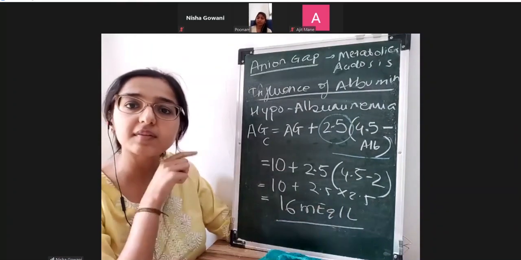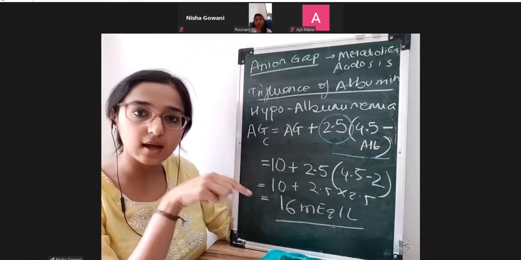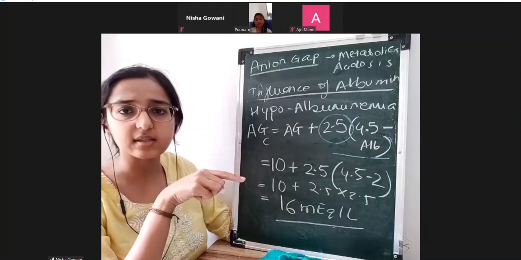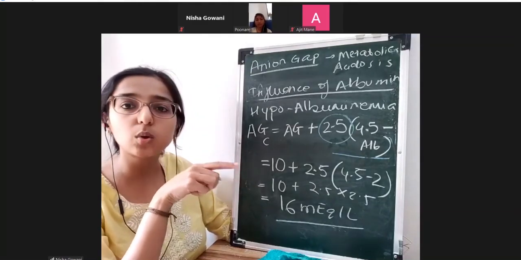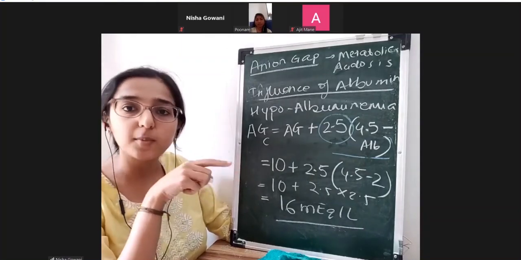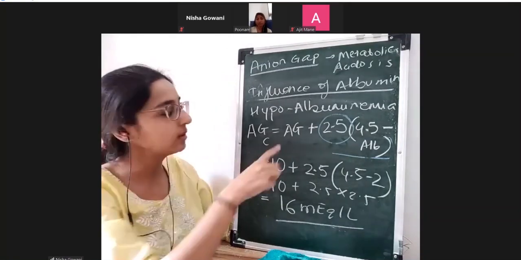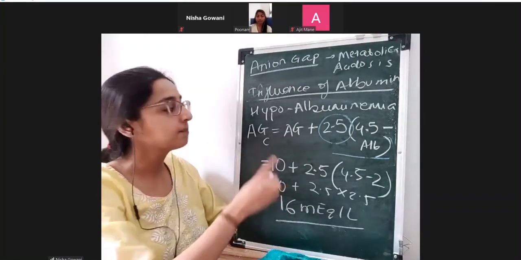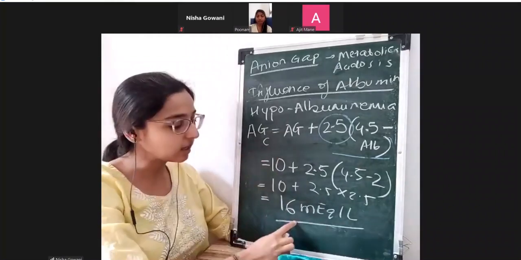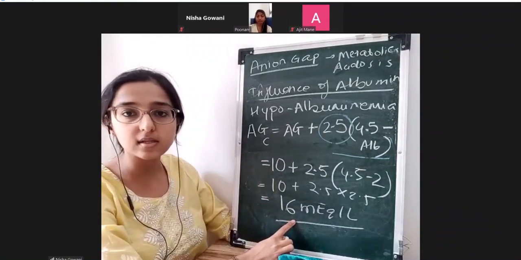So you have to remember, if there is metabolic acidosis, I have to see the anion gap. The next step: I will measure the anion gap and look at albumin. If albumin is normal, then I will use only the AG formula. But if albumin is less, then I will use the corrected formula and I will come to know how much is the anion gap. What is the normal anion gap? 12 plus minus 4.